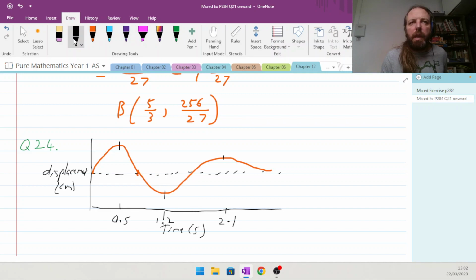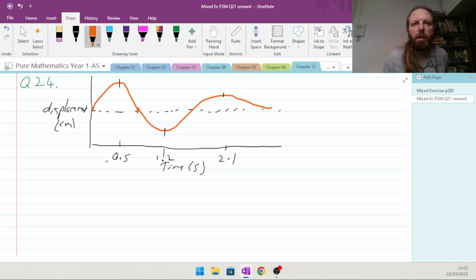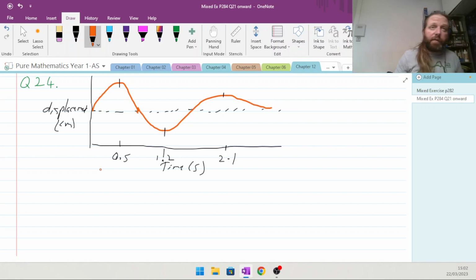So they want us to draw a matching graph, but in this case the gradient function of it.